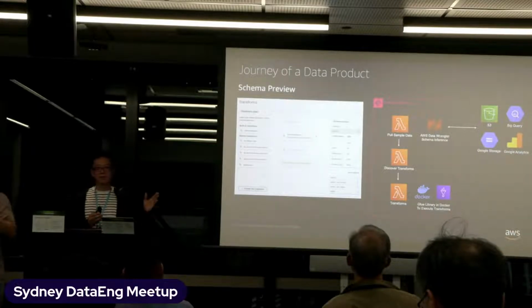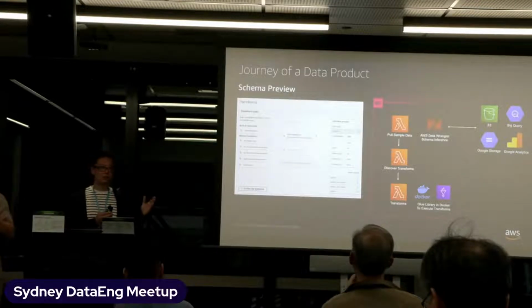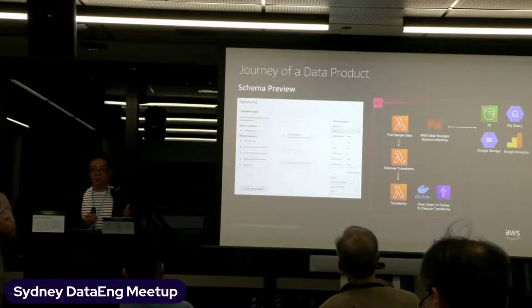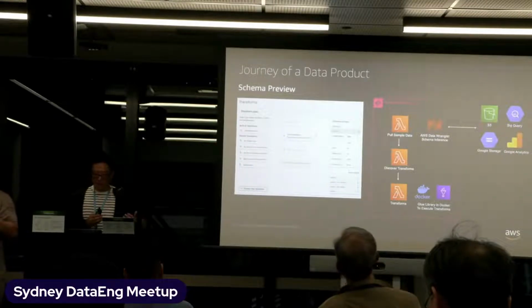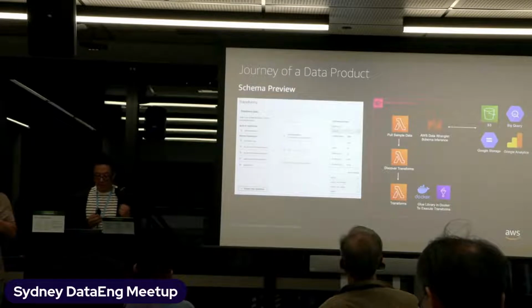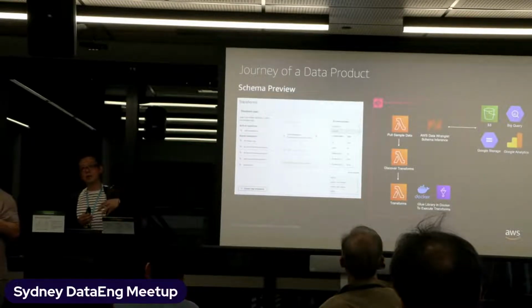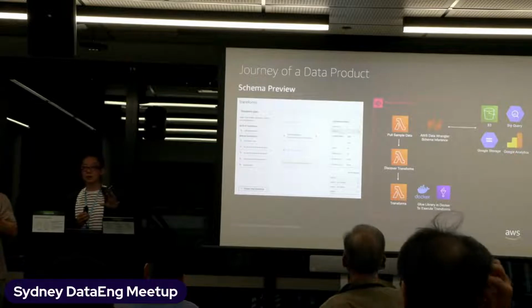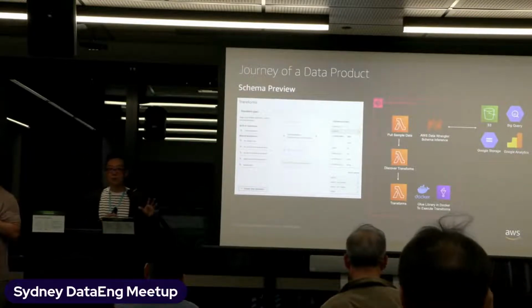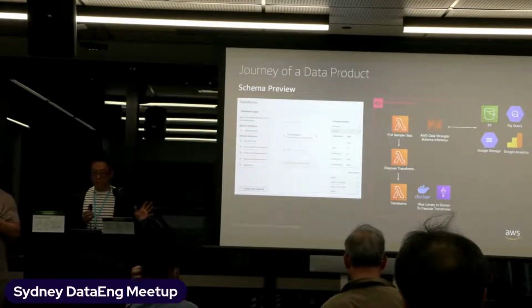So you're probably seeing the first part is the data product creation phase, which goes through the wizard configurations and a schema preview. What's behind the scenes is that we use AWS Data Wrangler to pull in data from the source, whether it's S3 or external to the AWS environment, like Google Cloud Storage and other external sources.